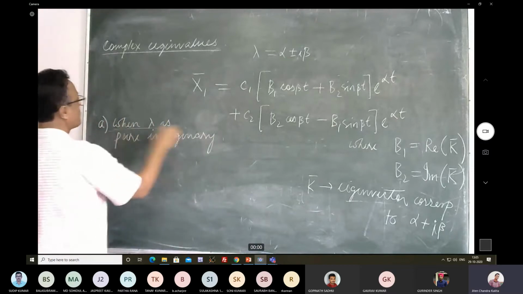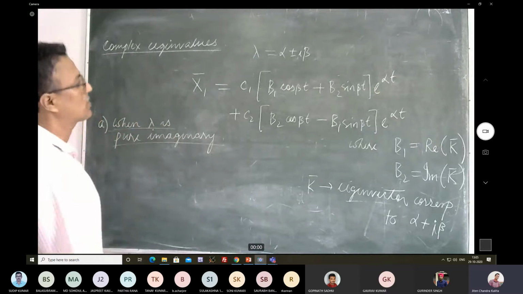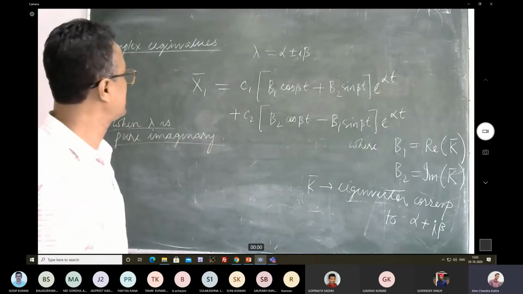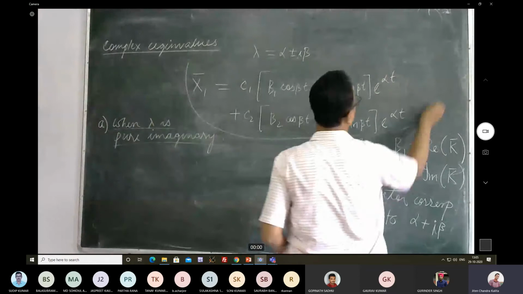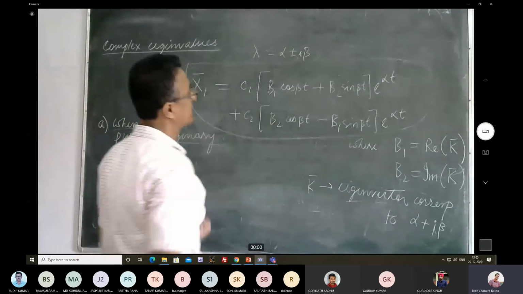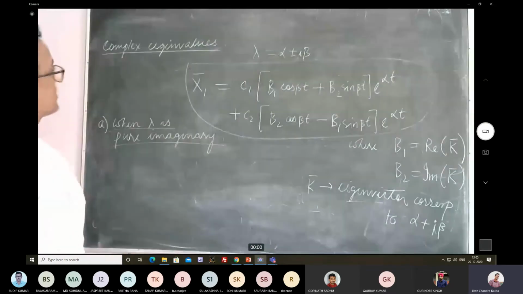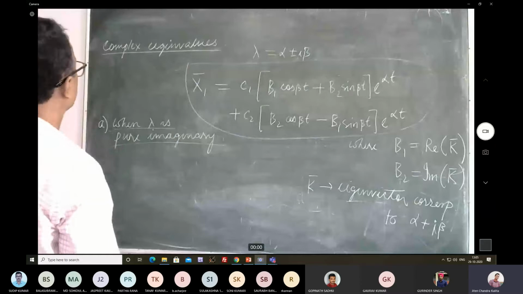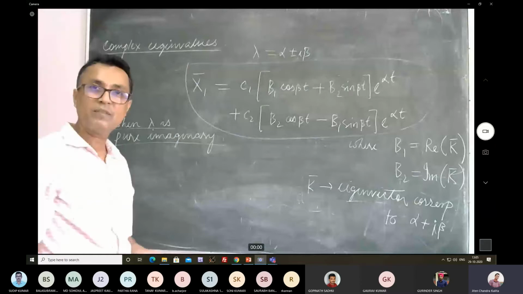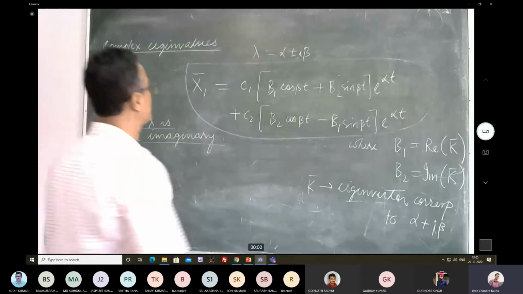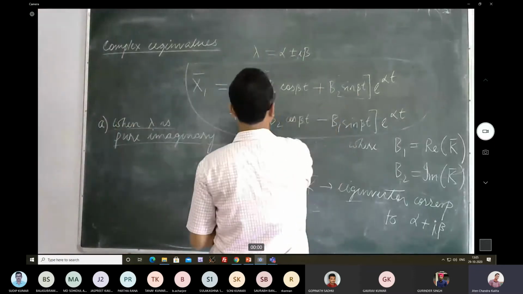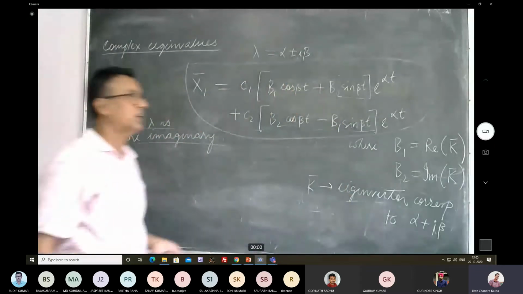In that case, if you look at this equation of the general solution vector, alpha equals 0, so I am going to be simply left with C1 into this and C2 into this. Are you getting the point?